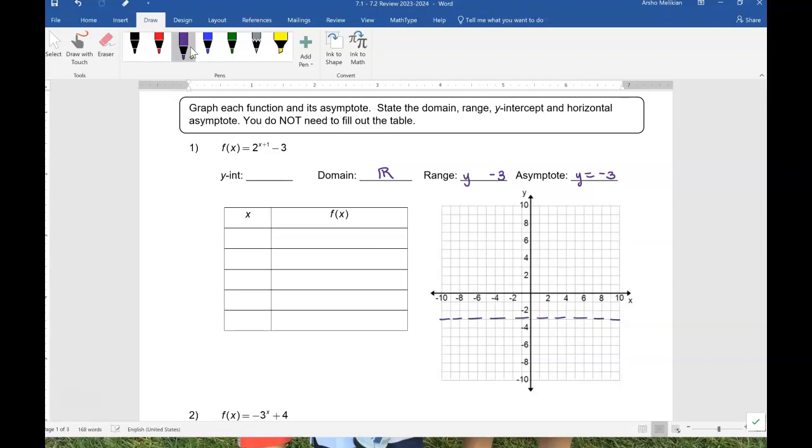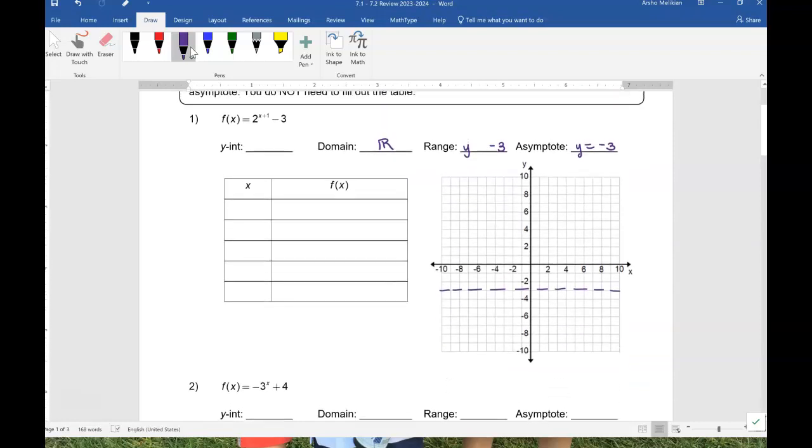Okay, now I'm going to put in here 0, 1, and 2. So here 2 to the power of 0 plus 1 is 1, minus 3. That's minus 1. 2 to the power of 2 minus 3, that's 1. 2 to the power of 3, that's 8 minus 3, that's equal to 5.